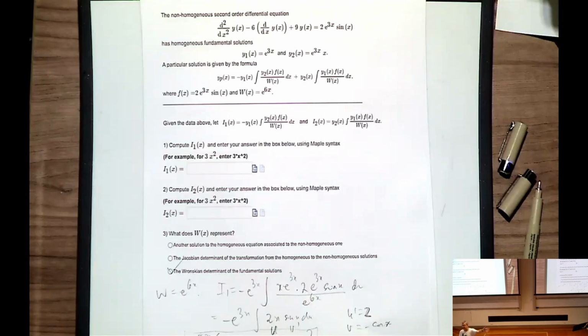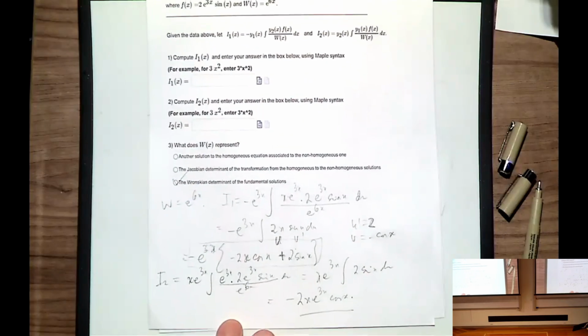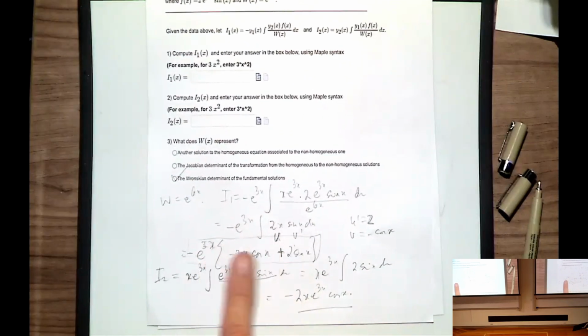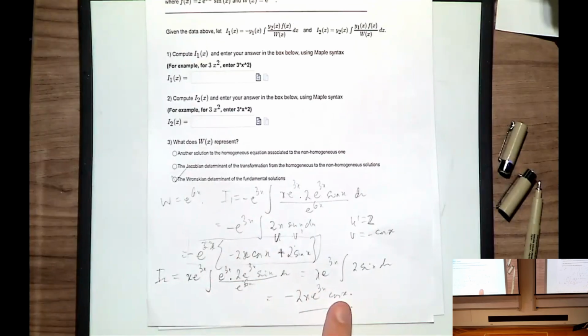Hopefully the Wronskian cancels out with something else, and it does in these examples. So e to the 6x will cancel, and you're integrating by parts. I think that's what I've done. So you integrate here, you get something like that.